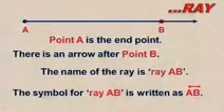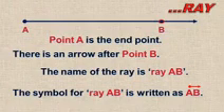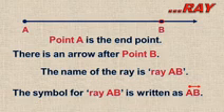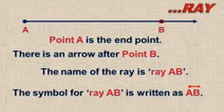See, in this slide, point A is the end point, and you can see that there is an arrow after point B. This is a figure of a ray. It has a starting point A but is extending infinitely to the right. We express it as ray AB.